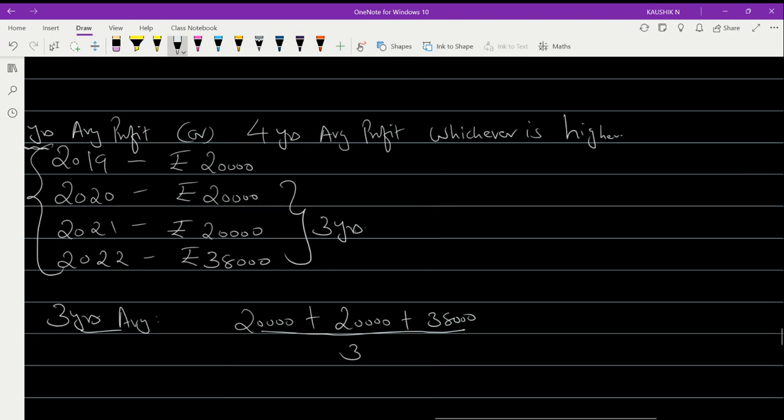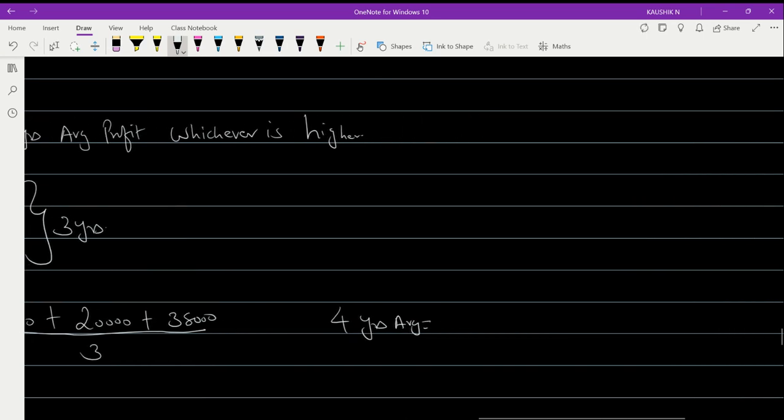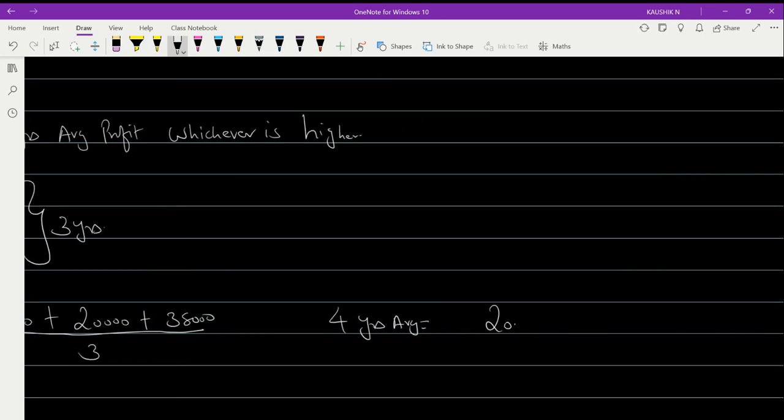On the other hand, I'm going to calculate the 4 years average parallelly. For 4 years average, it is 20,000 plus 20,000 and finally the fourth year 38,000. The net amount you get will be divided by 4.